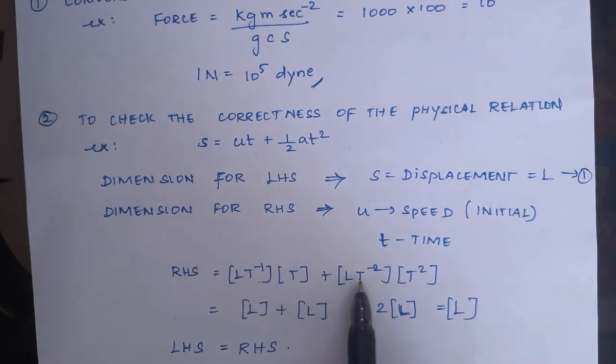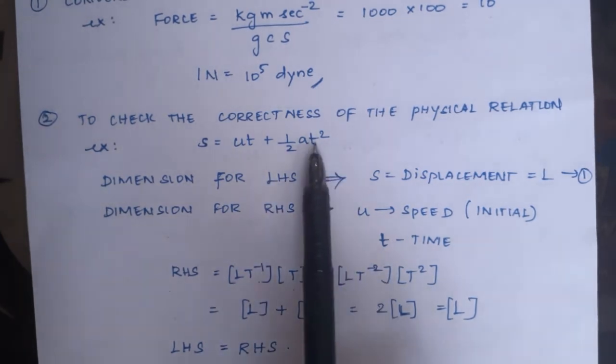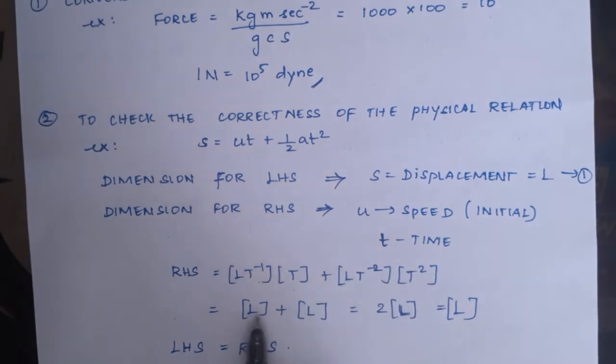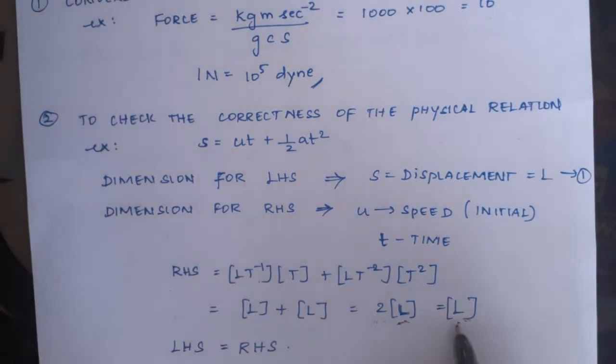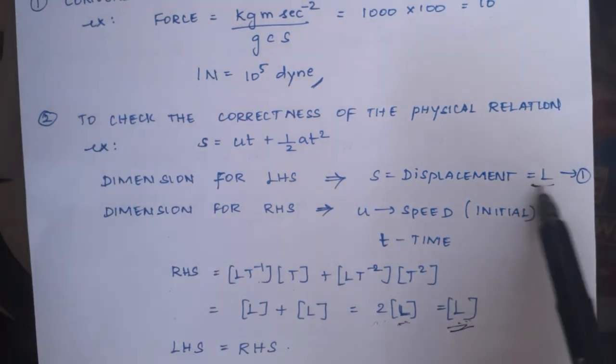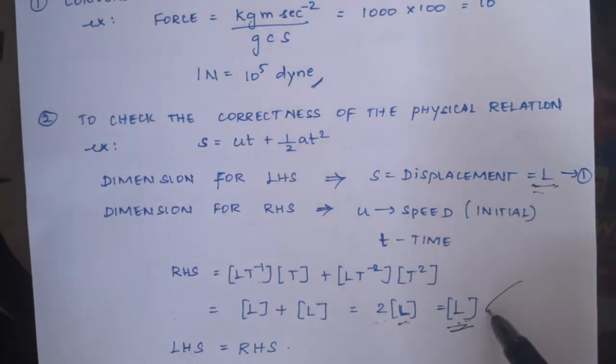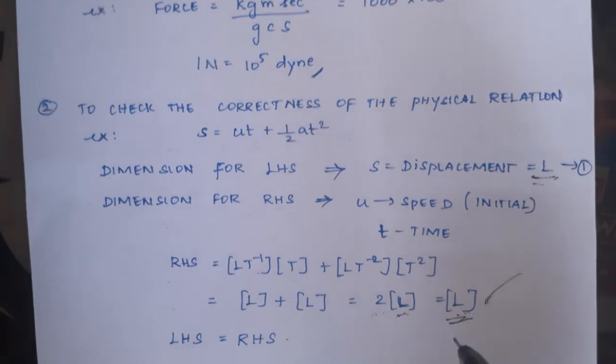Acceleration we know already, L T power minus 2, again time square, T square. So L plus L, because all others get cancelled, L plus L is 2L. 2 is again a constant, so we are getting just L. So the dimension of the right hand side is equivalent to the dimension of the left hand side. To check the correctness also, you can use this dimension analysis.